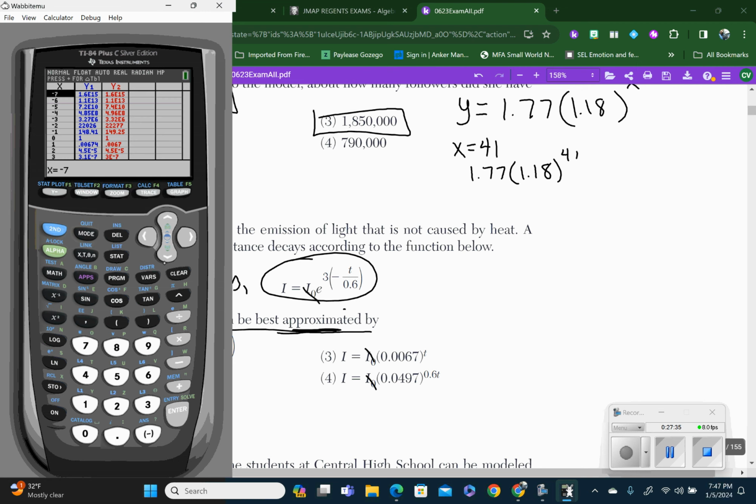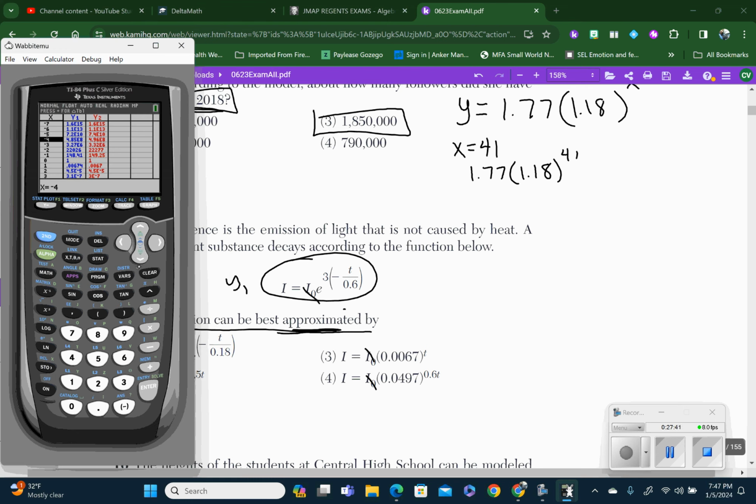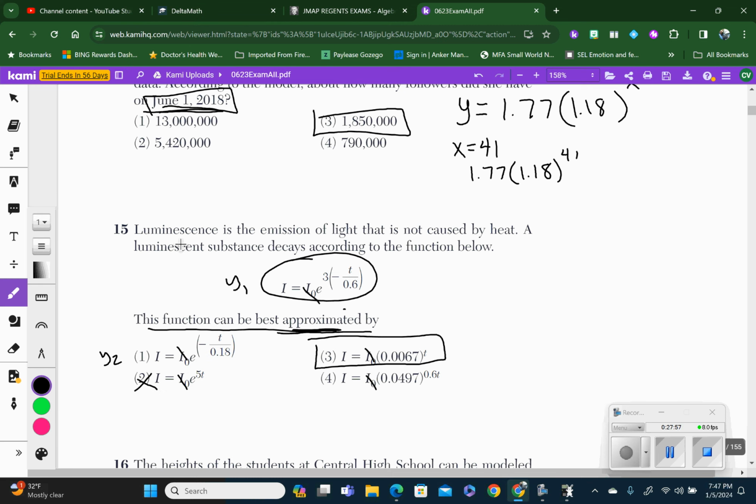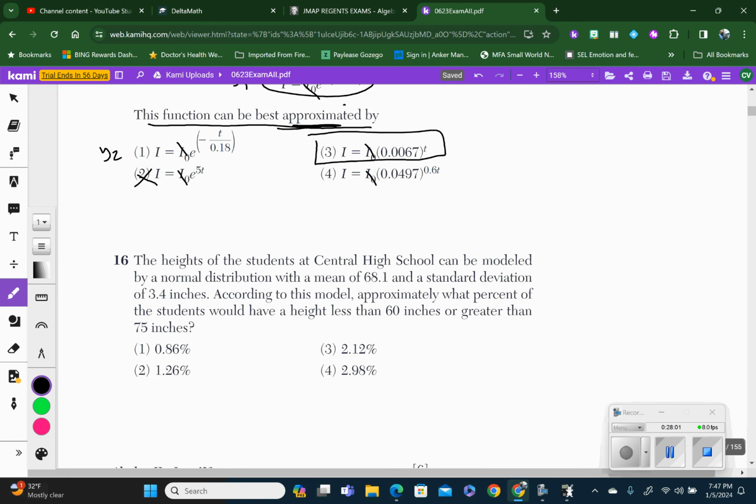If I look, these numbers are pretty close together, right? Across from 0 there's a 1, which the other one had, but look across from 1, you see this? It says 0.00674, and then on the right is 0.0067. So that is pretty close to each other. So I'm going to stop right there and say that 3 is the one that is approximate.